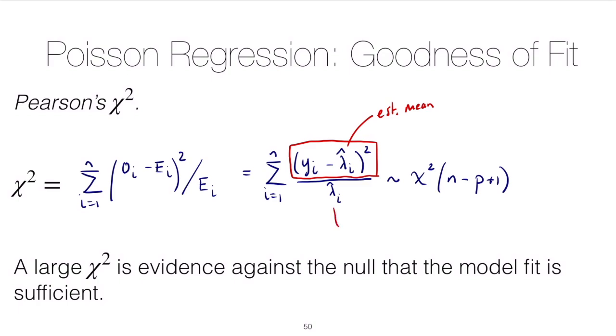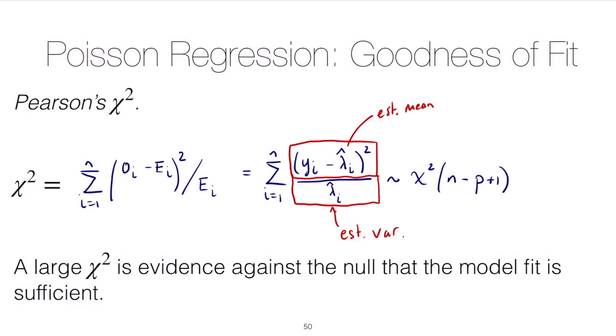And then this term that we're dividing by, you could interpret it as a variance. So this is the estimated variance. The reason for that is because in the Poisson distribution, the mean and the variance are the same. So you're subtracting off the mean in the top, and you're dividing by the mean, but that's also the variance. So this whole term is actually a squared, standardized residual, because we're dividing by the standard deviation but then squaring it.